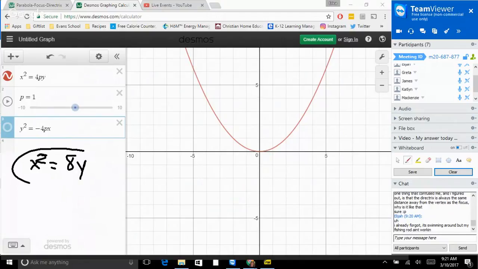And I wanted you to graph it, tell me what the axis of symmetry is, and tell me what the focus point is.